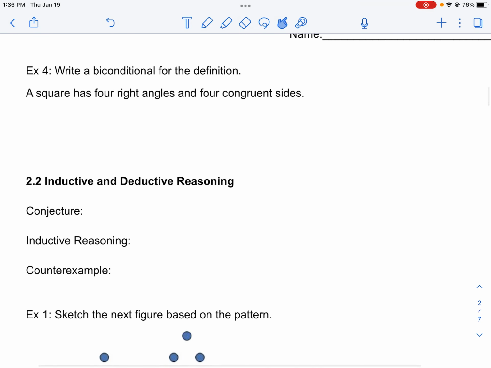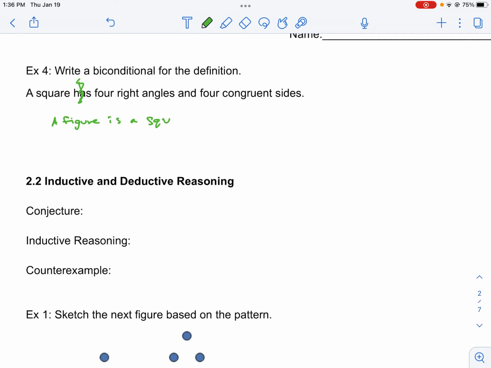And then, last but not least, write a biconditional for the definition. So once again, you're looking for the verb to figure out your split. "A square has." That's your split. So ironic that I already kind of discussed this. Again, you'll have to add some fluff. So, a figure... I was going to draw a square and then I decided not to.